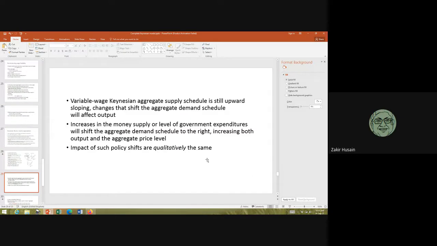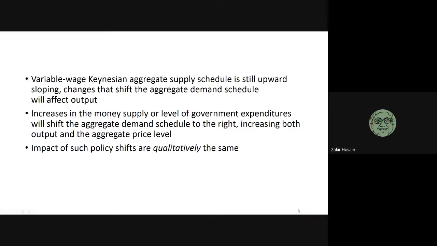Okay, so qualitatively, there's not much difference. Right? Whether we talk about an increase in money supply, increase in government spending, or tax cut, the aggregate demand schedule will shift to the right. In all cases, you'll have movements like this.